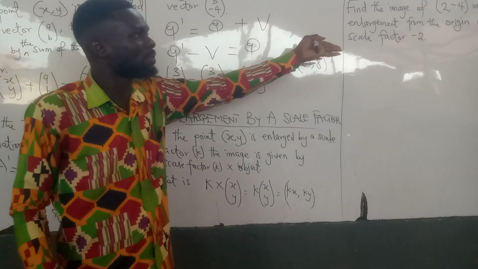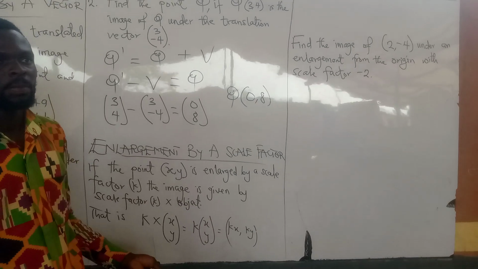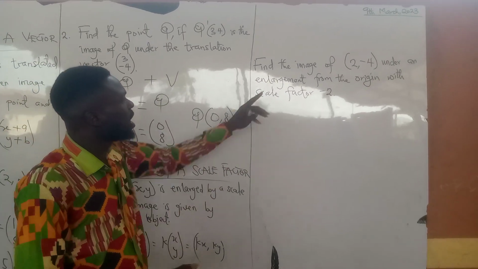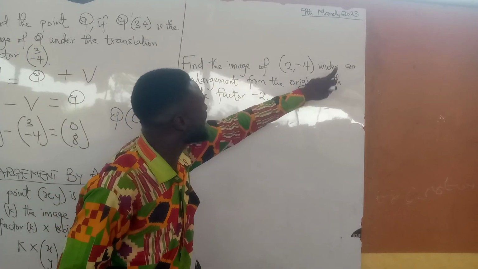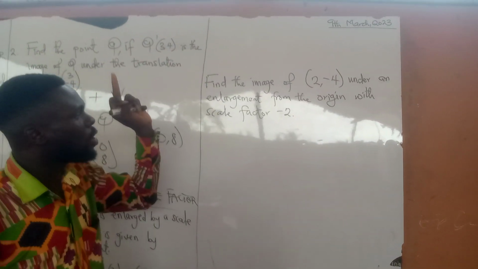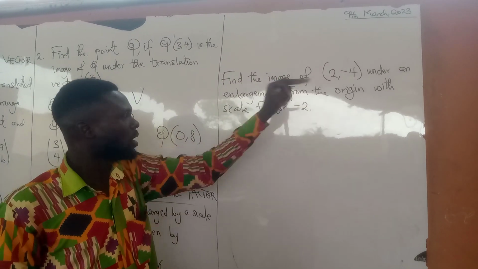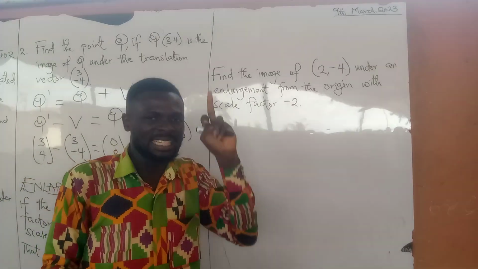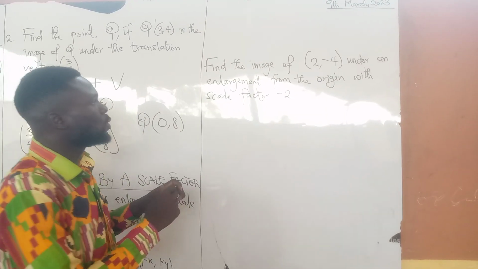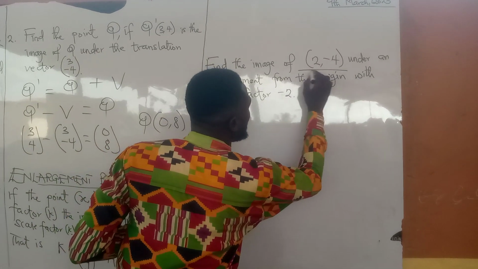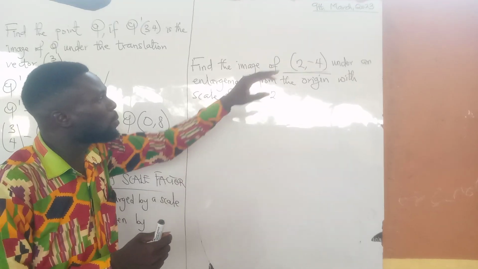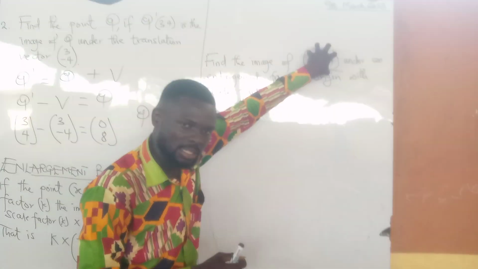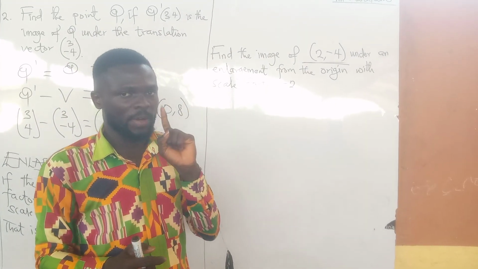So let's take an example for the scale factor and see how you find the image. Find the image of (2, -4) under an enlargement from the origin with scale factor -2. You are calculating the image, and to calculate it, multiply the object by the scale factor.